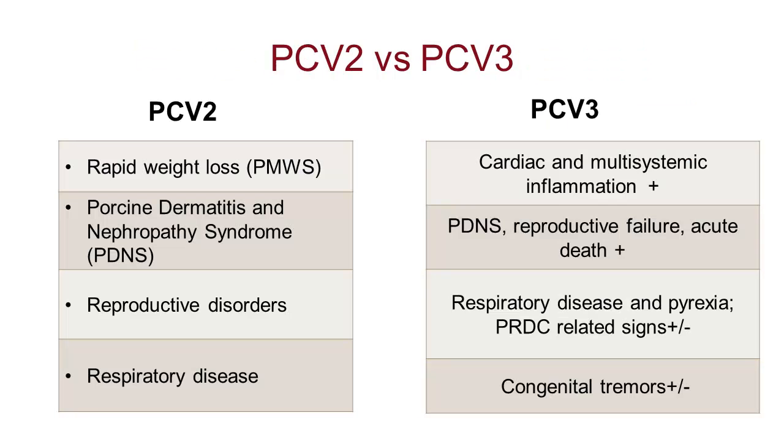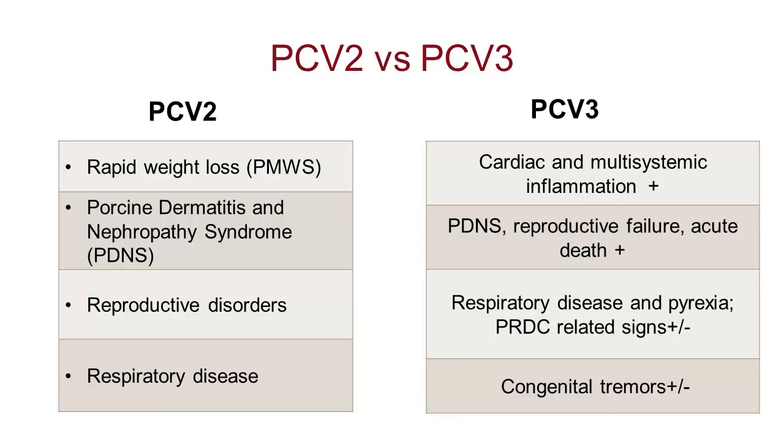So we compare the clinical signs of PCV2 and PCV3. We probably know that PCV2 causes post-weaning multisystemic wasting syndrome, AKA rapid weight loss, and porcine dermatitis and nephropathy syndrome, reproductive disorders, and respiratory disease. There are a few literatures that have reported PCV3-associated clinical signs, including cardiomyopathy, systemic inflammation, PDNS, reproductive failure, acute death, respiratory disease, PRDC, and congenital tremors.